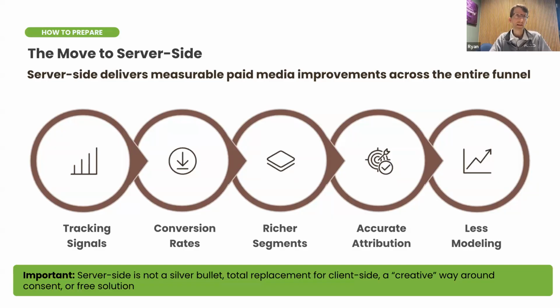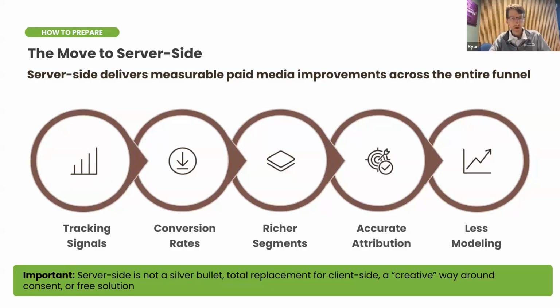So instead of just sending a plain conversion equals yes, you're sending a conversion equals yes, and it's a high value segment customer and has a projected LTV of 10K. So it unlocks certain things like value-based bidding and advanced optimization.